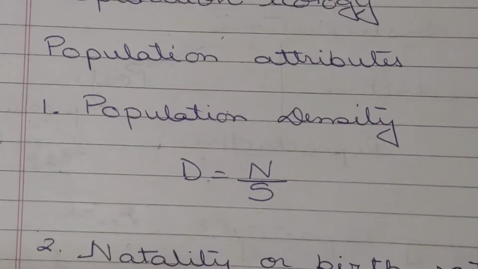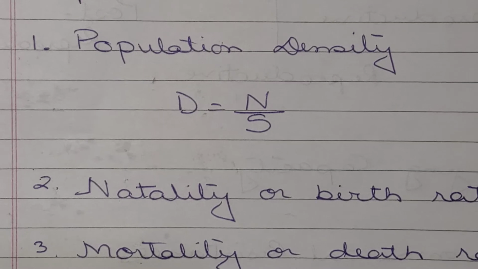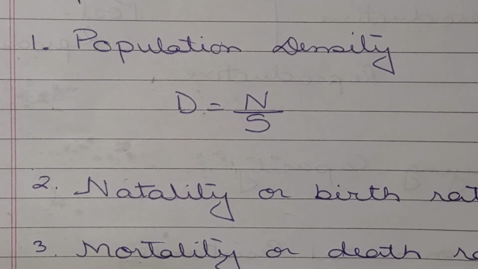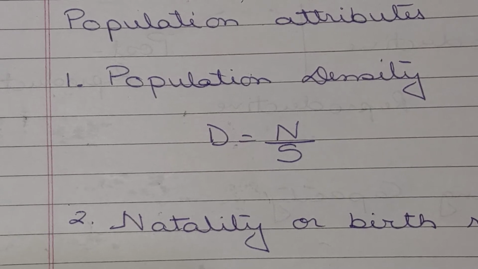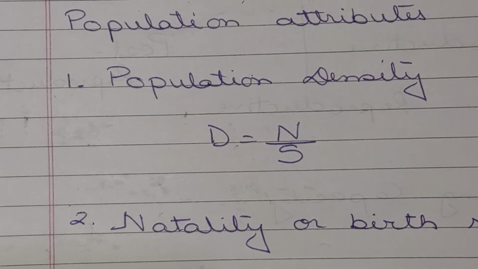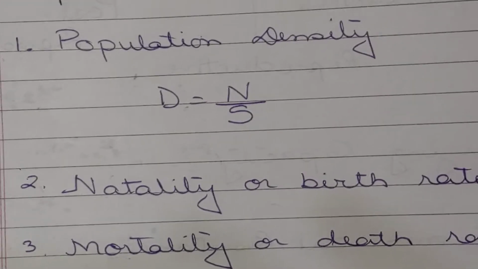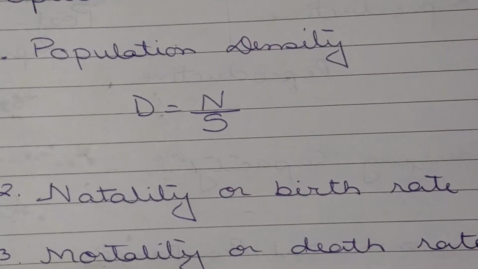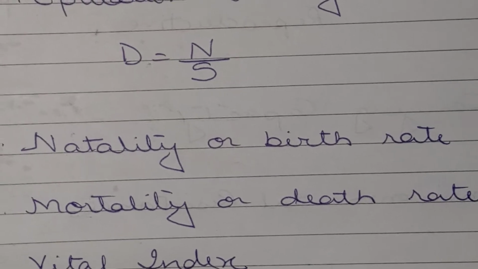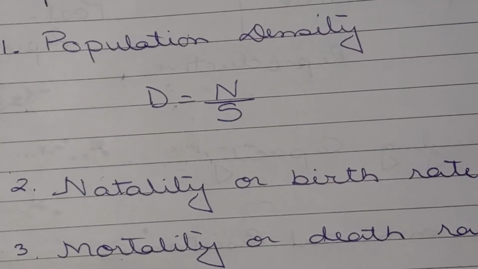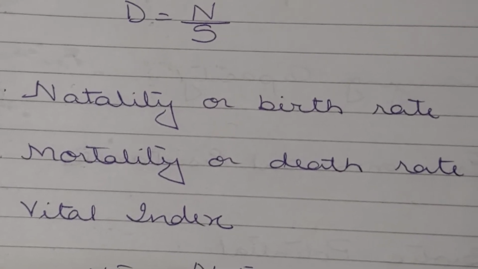The next factor is natality or birth rate. Natality means how many organisms are born. The average number of individuals that are added to a population per unit time is known as natality or birth rate. Then mortality or death rate is the number of individuals which are being removed, which are dead.